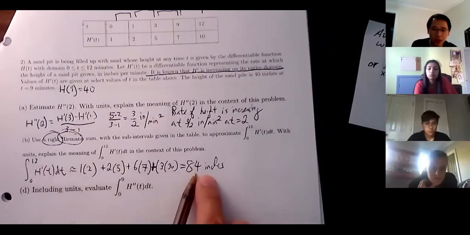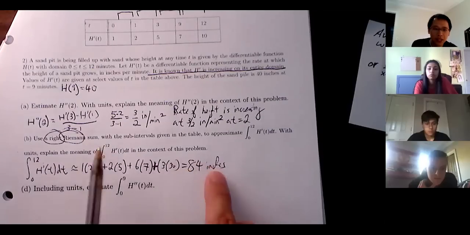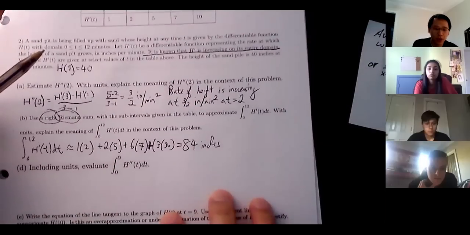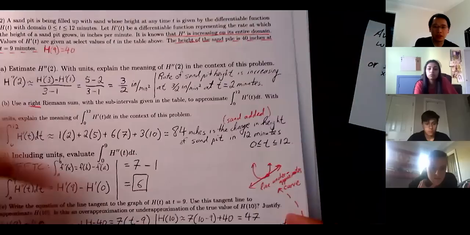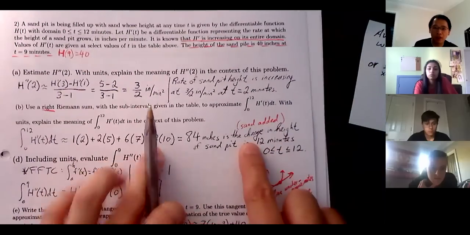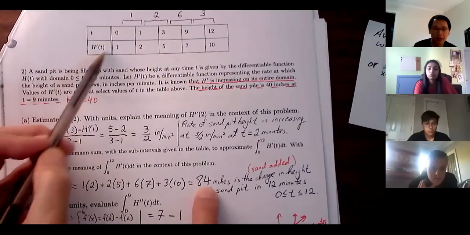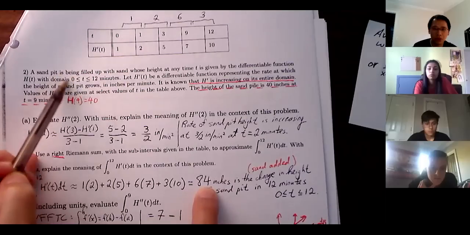I want to make sure that we understand this 84 inches represents the change from 0 to 12. So 84 inches is going to be the change in height of the sandpit in the 12 minutes. Now, if we want to find the total height of the sandpit, we'll have to add this 84 to whatever the height of the sandpit is at t equals 0. And that we don't know.